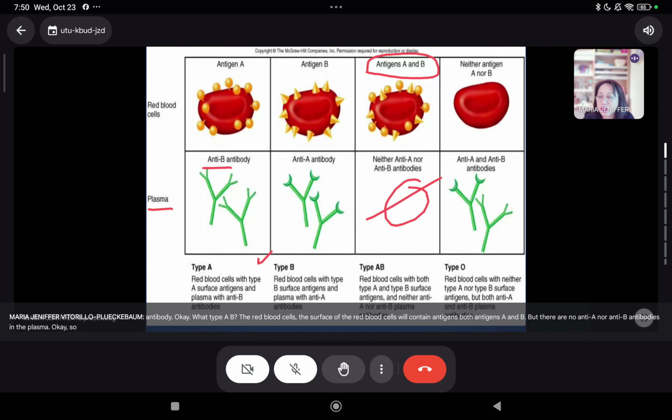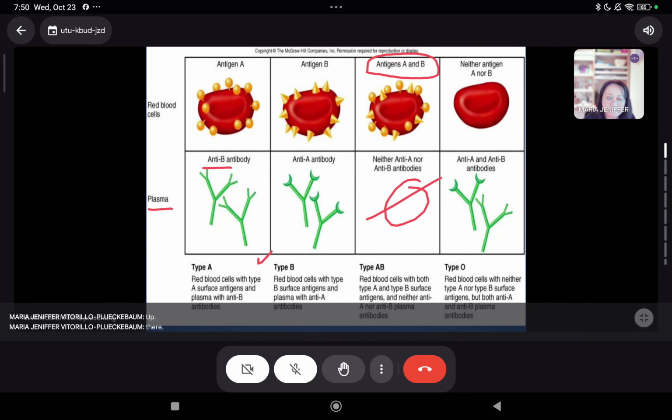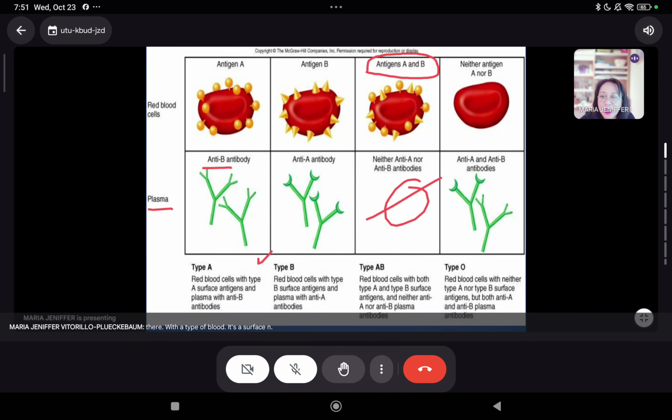Okay, so there are no antibodies there. With a type O blood, sa surface ng red blood cell, wala kang makikitang antigen dyan. Okay? But there will be anti-A and anti-B antibodies in the plasma of type O.